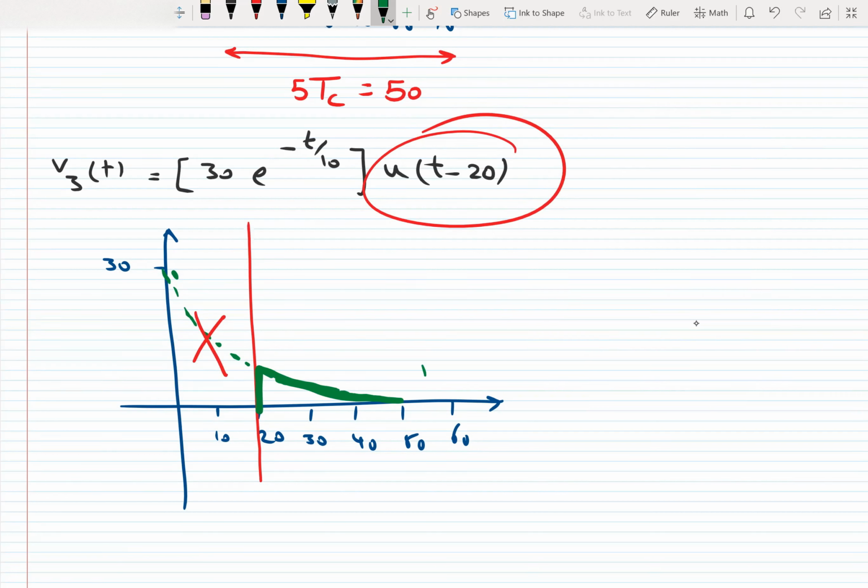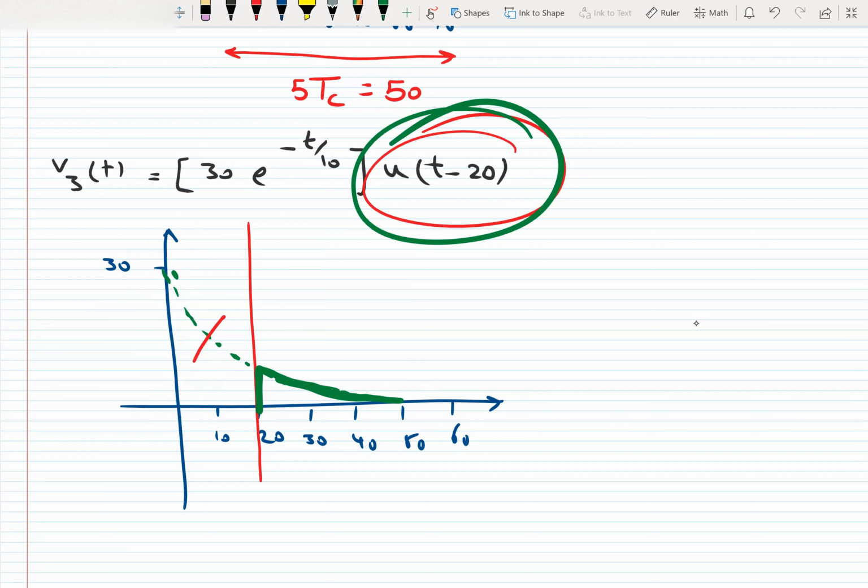So still 5 TC is at 50, and we can see that the start value of the signal is not 30, because the value of the signal is 30 at t equals 0, but u of t minus 20 eliminated the signal for t less than 20.